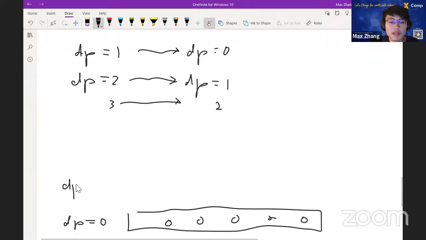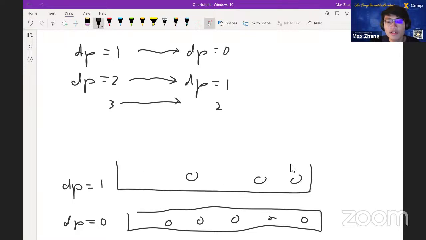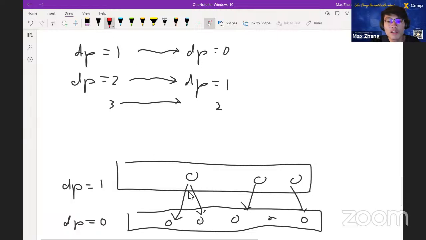Now let's consider DP of 1. DP of 1 is going to have some vertices in this layer. They are going to point to stuff in the previous layer. For each one, we look at the outgoing edges, and let's say this one has 1, and this one has a 2, and this one has a 1.